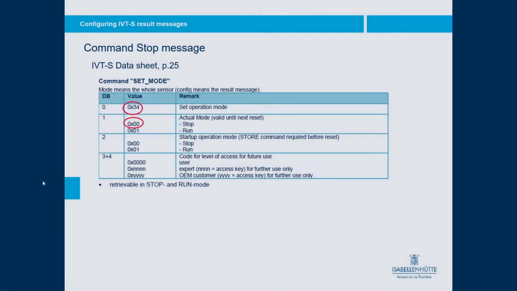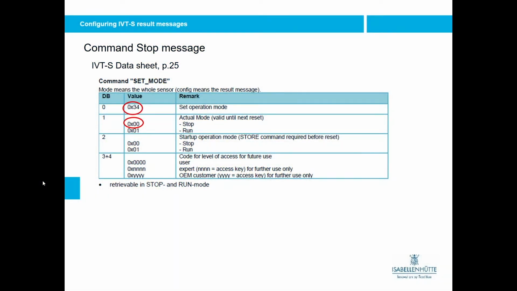Now we will look at how to put together the command stop message, the first message that we will have to send. This can be followed by looking at the IVT-S datasheet page 25. And we will look at the section command set mode.